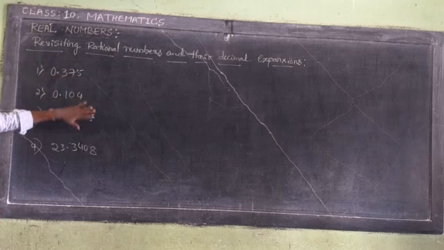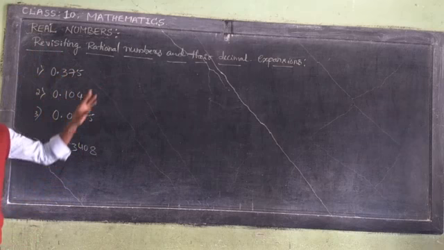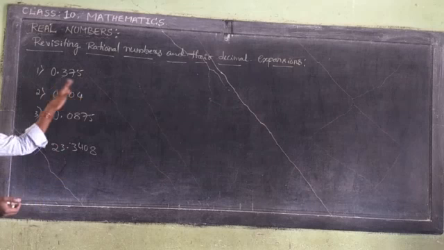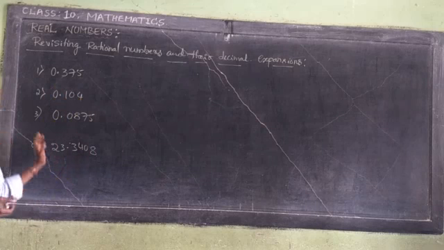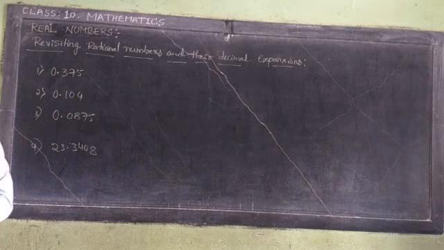We know that these are terminating, because the decimal expression ends after certain digits. So these are all terminating decimal expressions, and these are all rational numbers.